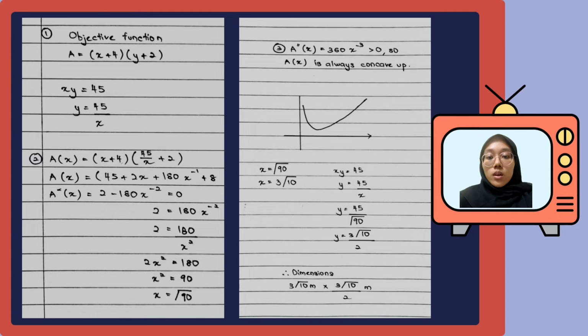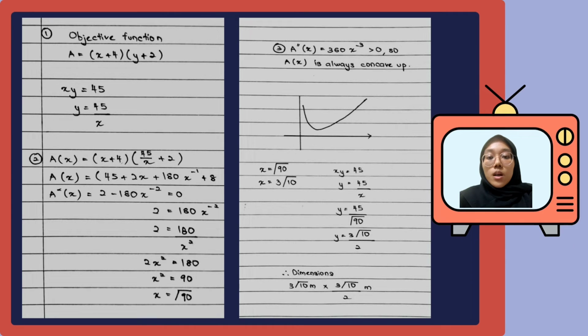I will get y equals 45 over x. Next, I will plug 45 over x into the objective function. Finally, it will give me 45 plus 2x plus 180x to the power of negative 1 plus 8. From this equation, I take the derivative and I'm left with 2 minus 180x to the power of negative 2 equals 0. And then I can get the value of x, which equals square root 90.